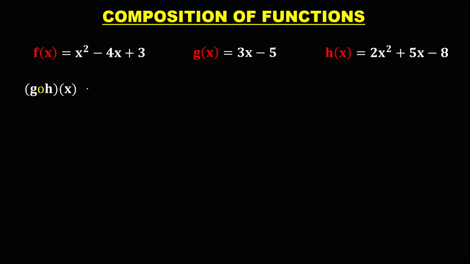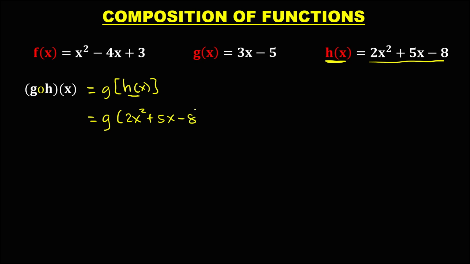Then for this composition, this is equal to g of h of x, or this is equal to g of the value for h of x, so that's 2x squared plus 5x minus 8. Then simplify, from g of x, x is equal to 2x squared plus 5x minus 8.